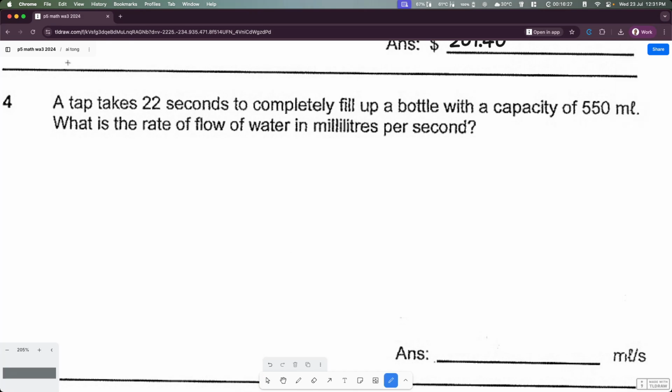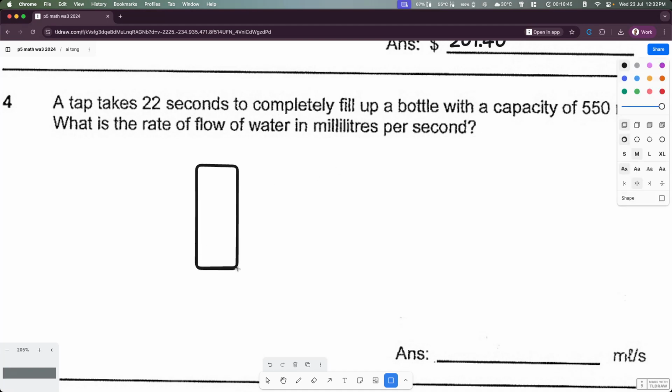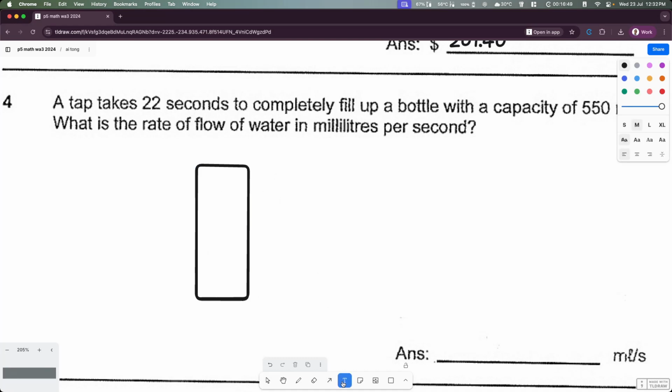Question 4 says a tap takes 22 seconds to completely fill up a bottle with a capacity of 550 milliliters. So what is the rate of flow in milliliters per second? Okay, so essentially a bottle, right? Let me have a bottle over here. The capacity over here is 550 milliliters, right?